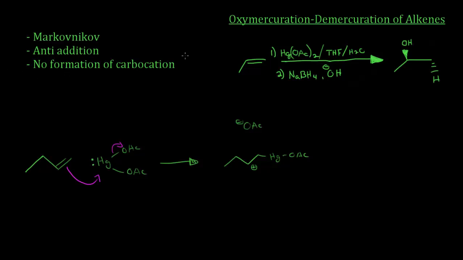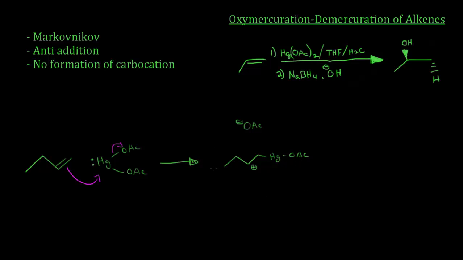Now I wrote here no formation of carbocation, but I technically lied to you because there is a carbocation here. But what I mean by no formation of carbocation is no formation of a movable carbocation. Sometimes when you make these carbocations, you can have hydride shifts or methyl shifts to make a more stable carbocation.